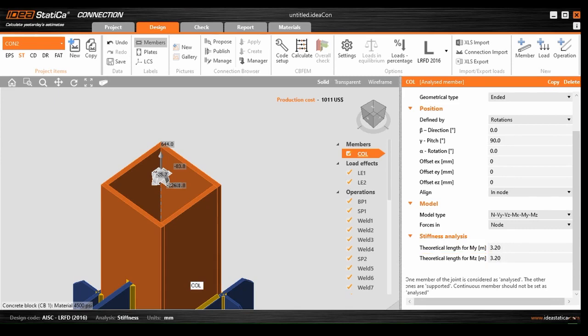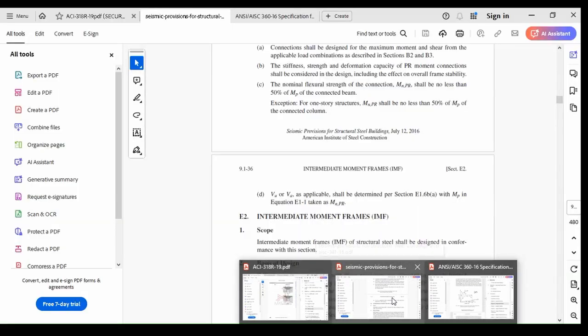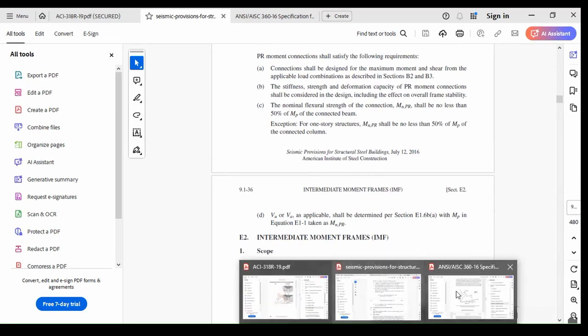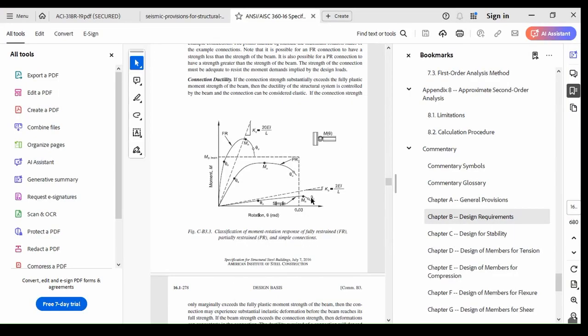So if we go to AISC seismic provision, I show you why it is important. Here we have, as you see in the graph, this is in AISC.